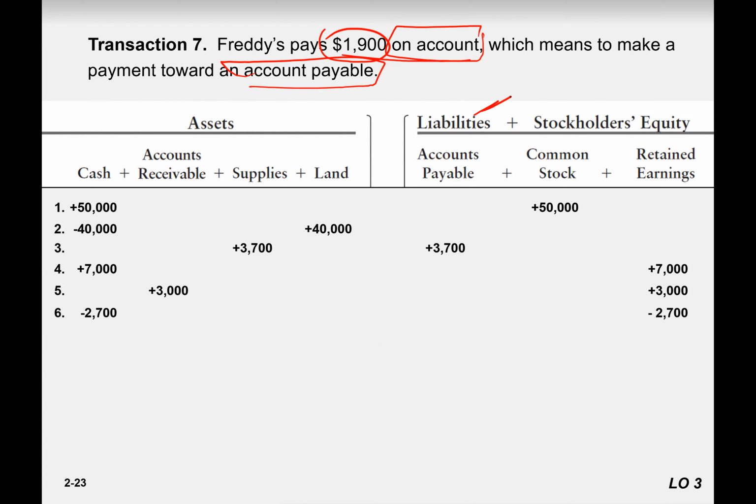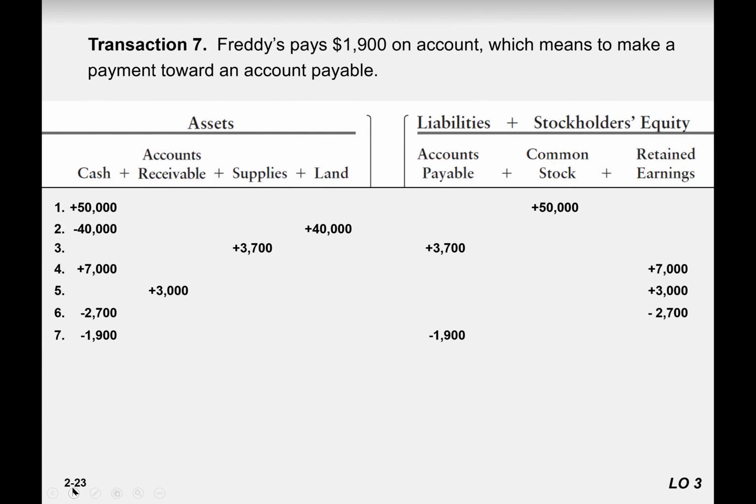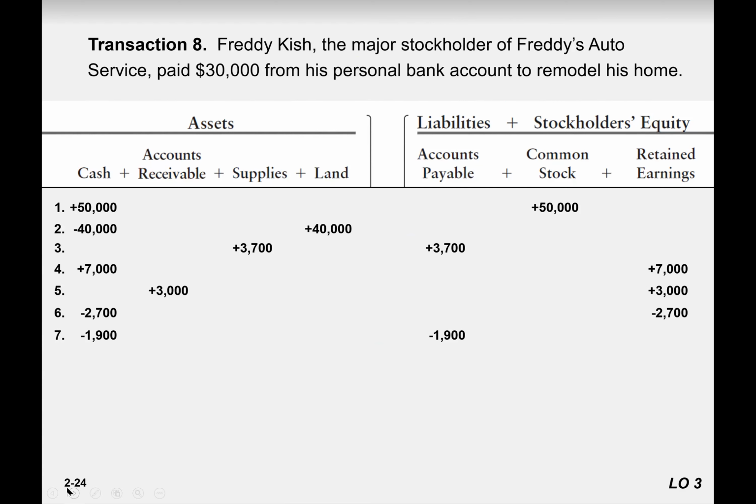So accounts payable decreases. Why? Because now the claim of outsiders is decreased, because the business has paid 1,900. And paying means they already paid cash, so minus 1,900. So the equation is balanced. Any question? No question for me. Now transaction 8.